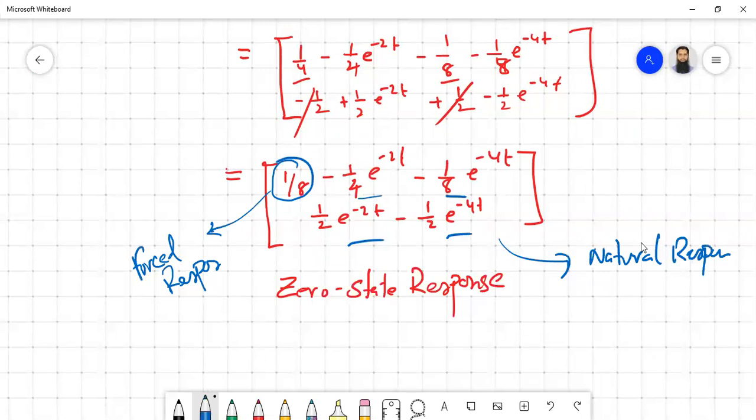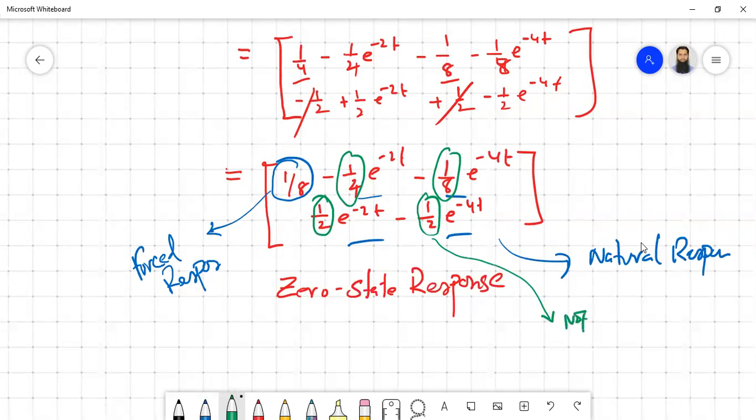But the thing is that these coefficients, in the previous case of the differential equation, are actually obtained from the initial condition, but these are not dependent on the initial condition.